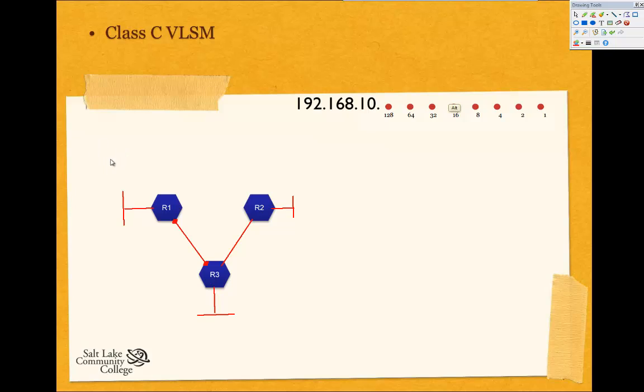The difference is that on LAN 1 over here, we require 100 hosts on this network. And on LAN 2, we're going to say we need 50 hosts over here. And on LAN 3, we need 25 hosts.